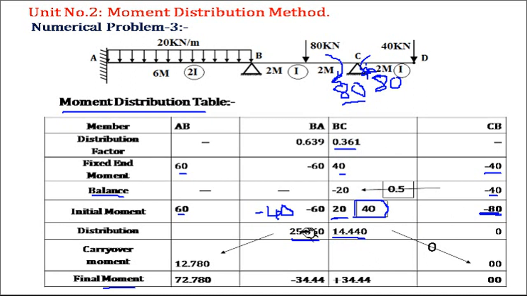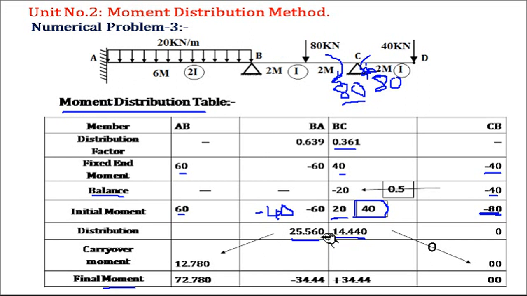Now this distribution moment is to be carried over to the far end. For BA, the far end is AB. For the carryover moment, a condition applies. From B to A, the far end is fixed. When the far end is fixed, the carryover is allowed and it is 50%.